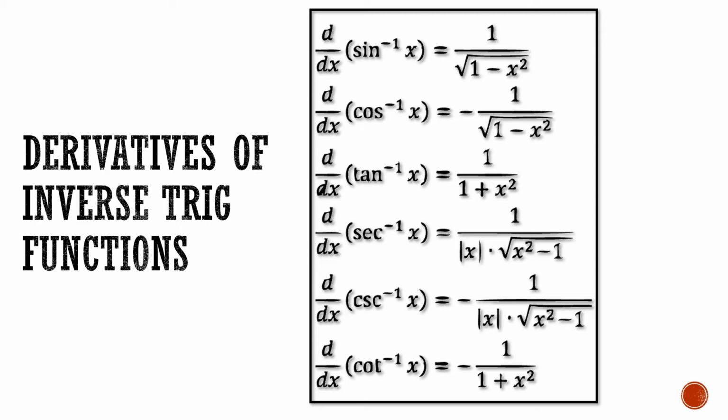And then you'll also notice that tan and cotan are exactly the same, except cotan has the negative, and then the same for secant and cosecant. They're exactly the same, except cosecant has the negative, which really means you only have to memorize 3 of these, and I would memorize the sine, the tan, and the secant, and just remember if you do cosine or cosecant or cotan, you just put the negative in front.